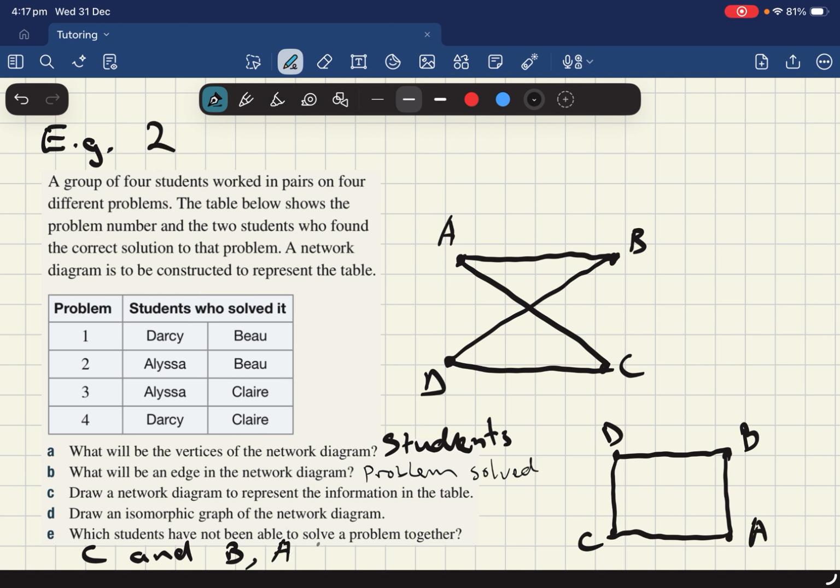Alyssa and Darcy couldn't. So we have here our combinations that didn't work. So remember, the problem solved is the edge on our network diagram. So if there's no edge connecting D and A and no edge connecting C and B, those are the students that weren't able to solve a problem together.